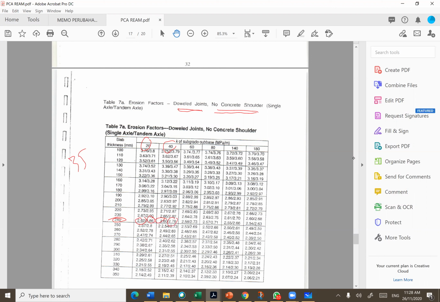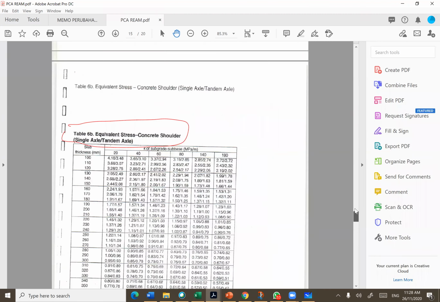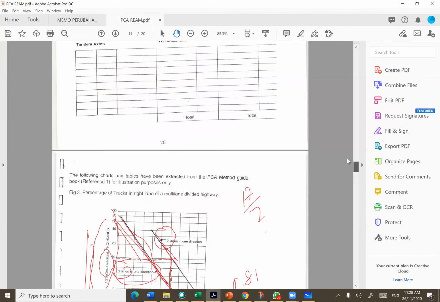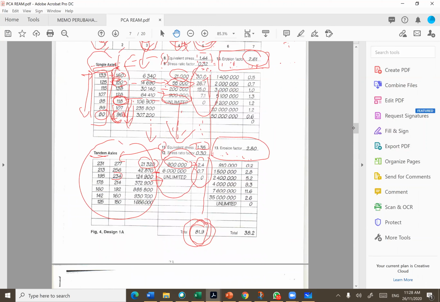So you do interpolation to get the value of erosion factor at 35 MPa per meter sub-base k. If you try it later, you will get 2.61 for single and 2.8 for tandem.